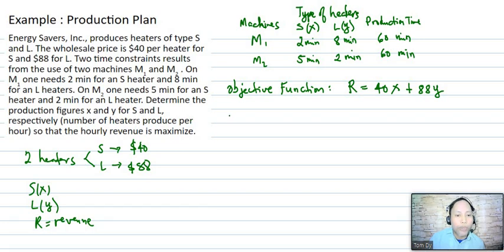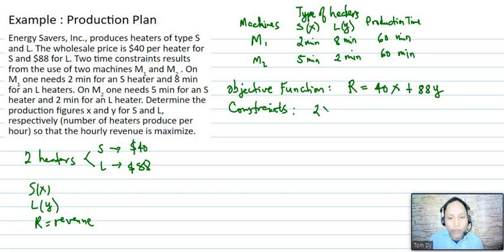This time, we will now write our constraints. The constraints are based on the given data here. So for M1, the time for producing this product in machine 1, we have 2 minutes.